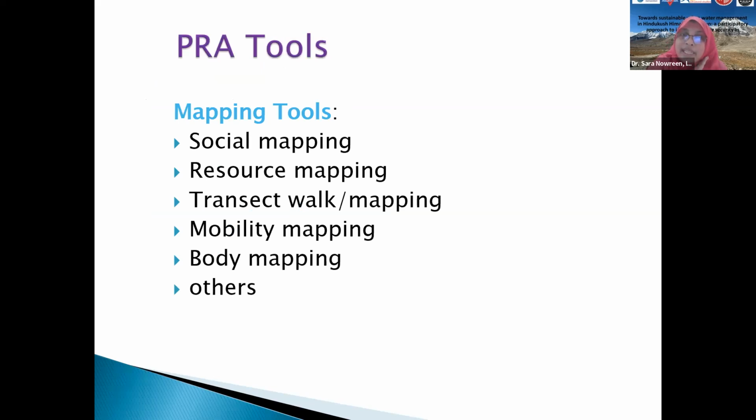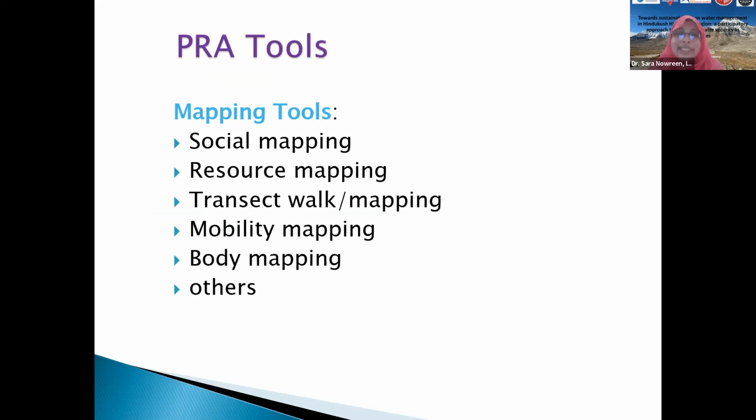These are simply the names of a few PRA tools, and we have categorized them into three categories. Here you can see the mapping tools only. I will not go into detail, but you can simply take note of the name and Google it, and you will figure out how it works.